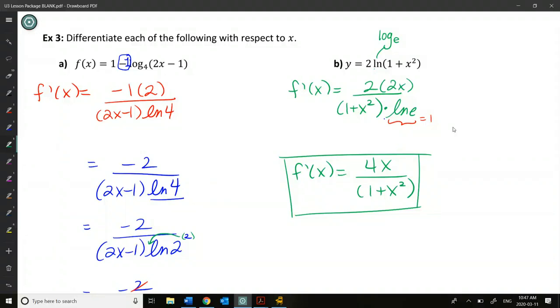I don't really need to see that part. It's always just going to equal 1. So what you'll end up getting is the constant multiple over the inside function, whatever is inside the logarithm, and then multiply your constant multiple in the numerator by the derivative of the inside function. I don't need to see this part. That's always going to equal 1 for this particular case.